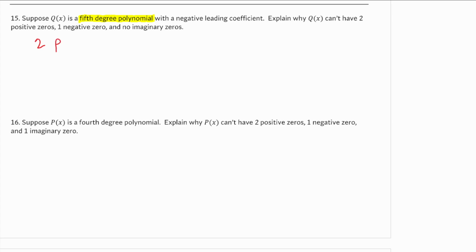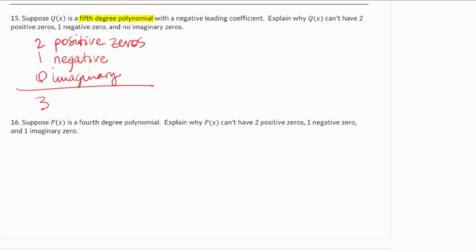And by 2 positive, we mean distinct positive roots. That's a total of 3, but I need 5.